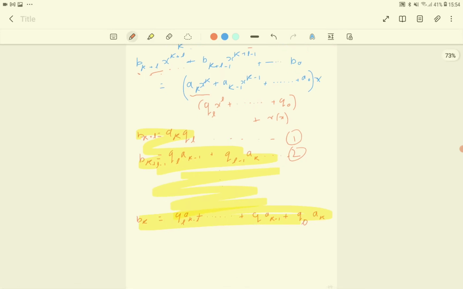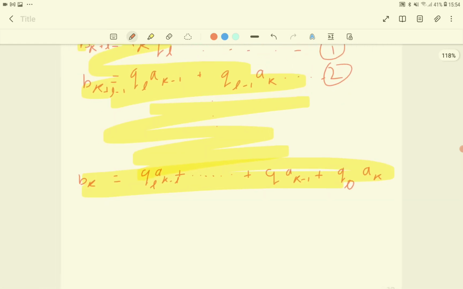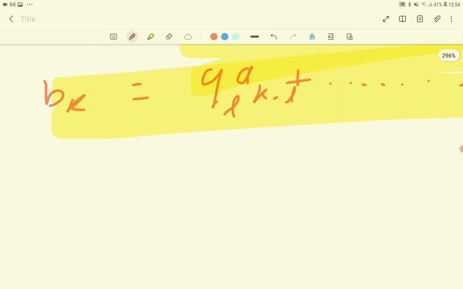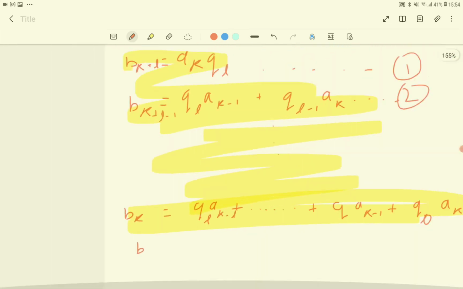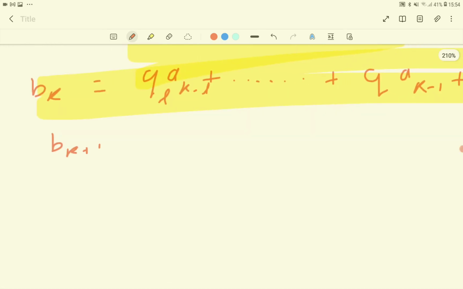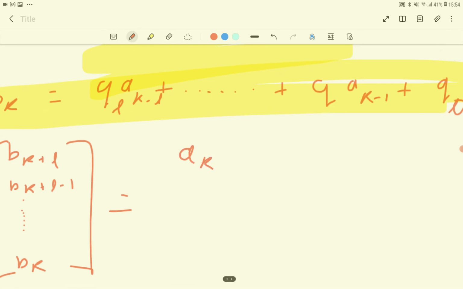It looks like a matrix equation basically, right? So you have b_(k+l), b_(k+l-1), dot dot dot till b_k, being equated to some coefficient matrix which goes like a_k, a_(k-1), dot dot dot till a_(k-l), dot dot dot a_k.